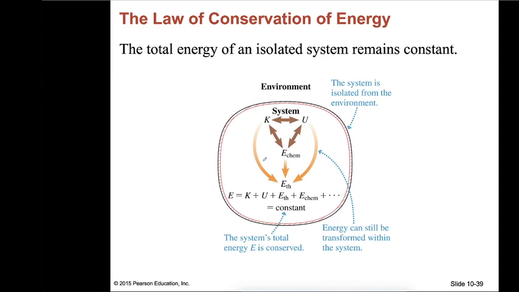That means there is no work done by the system, or no work done by the environment on the system, and no heat flows out of or into the system.